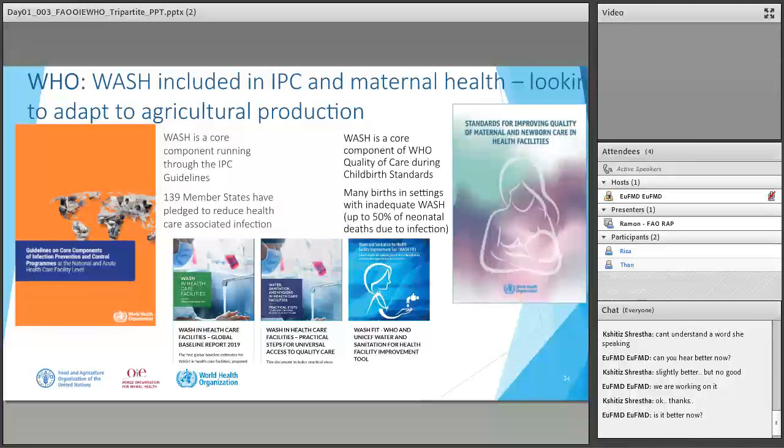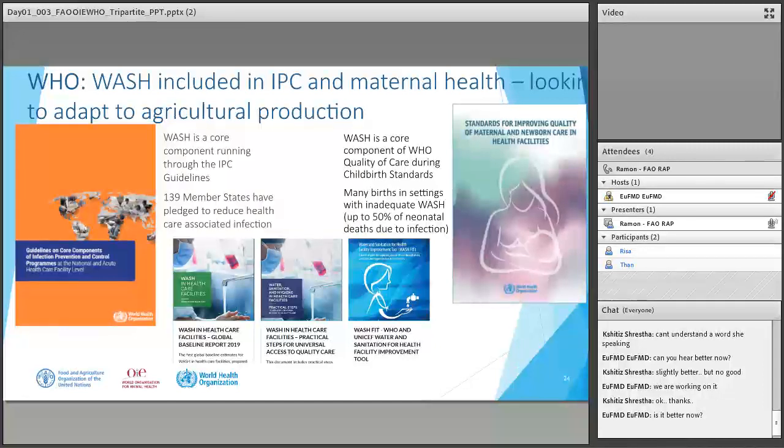But again, WASH is all the way through these guidelines, and very satisfyingly, it's also a core component of the WHO quality of care during childbirth standards. Levels of maternal death during childbirth are still frustratingly and sadly high in many countries within the region. And a lot of this can be down to quality of services and hygiene within those services.